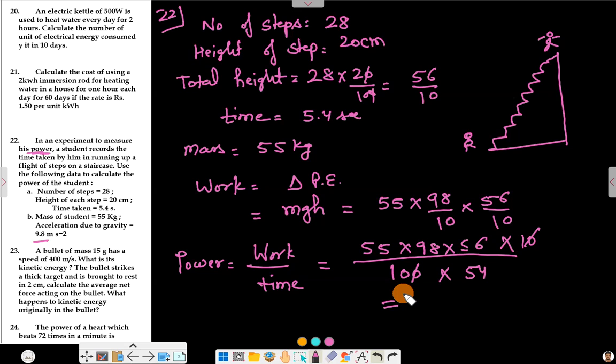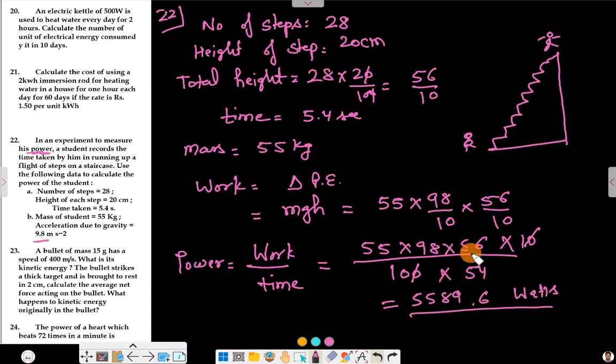You can do your own calculation also. 55, 98, 56 divided by 54, we get 5589.6 watts. This will become the power.